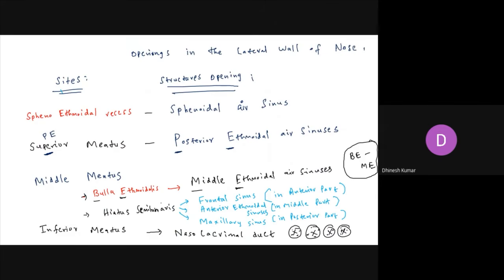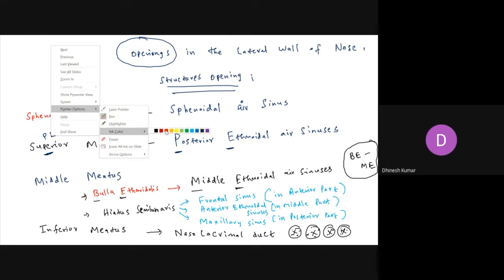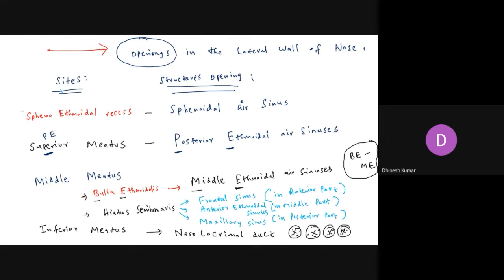Now I hope you are clear about the concha and meatus, right? Now let me talk about the openings present in the lateral wall of the nose. I told you there is the sphenoethmoidal recess, then superior, middle, and inferior meatus, right?